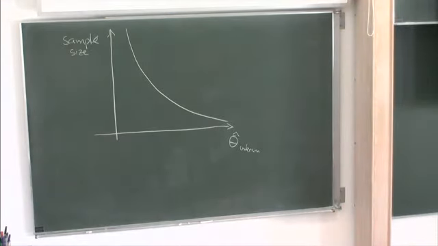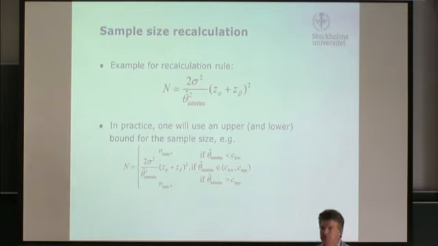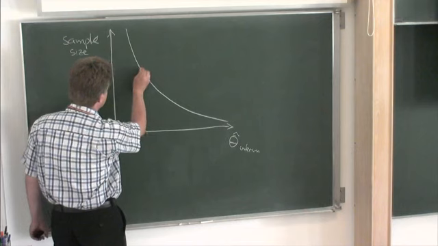And in practice we cannot do too large studies, so we have limitations in this context, first of all investment bounds. Therefore we would have an upper bound for the sample size if the interim estimate is below some value.